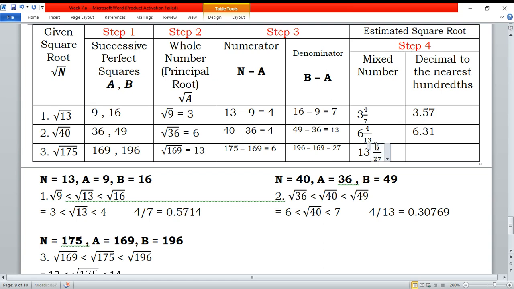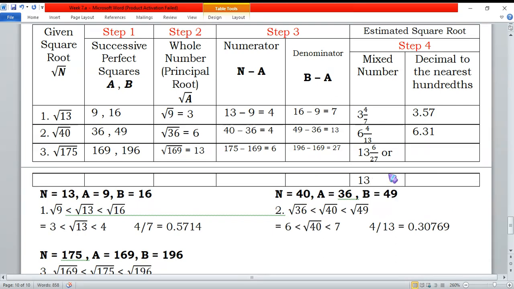Pero okay lang naman, basta as long as you divide 6 by 27. Ang target lang naman natin dito yung decimal. Sige, simplify natin. Anong katumbas nito? 13.